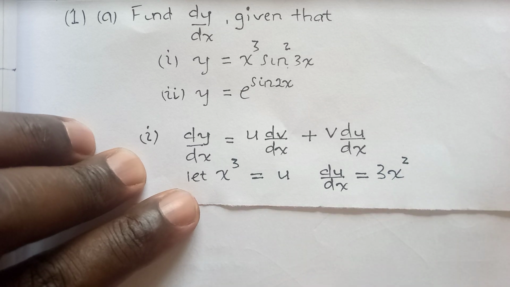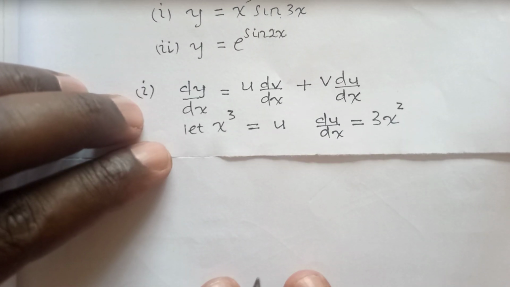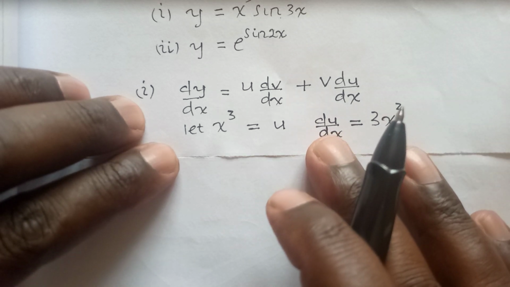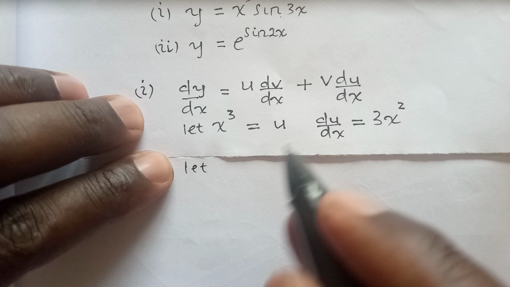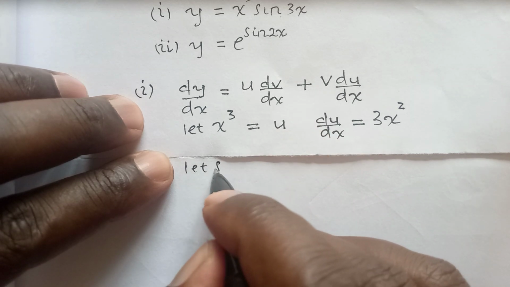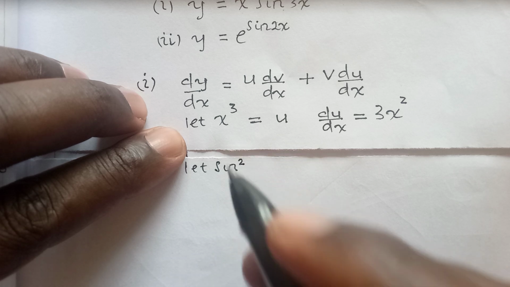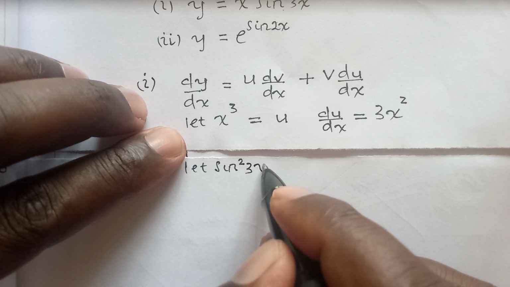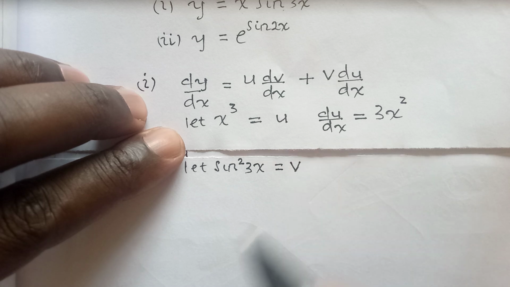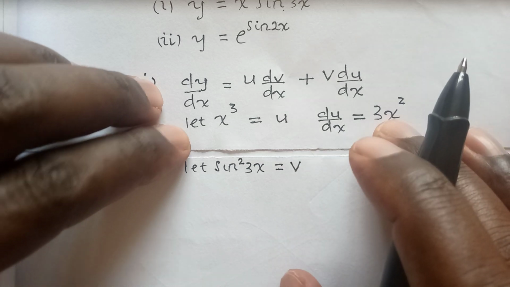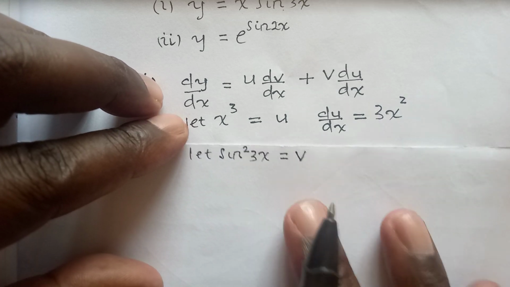That is our du. We continue. Then let sine squared 3x be equal to v. So that's what now we are going to differentiate.